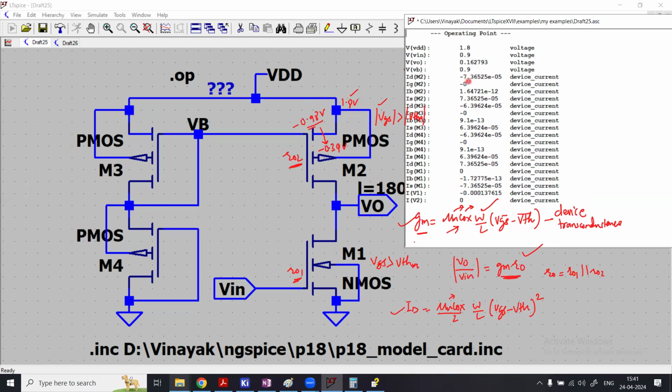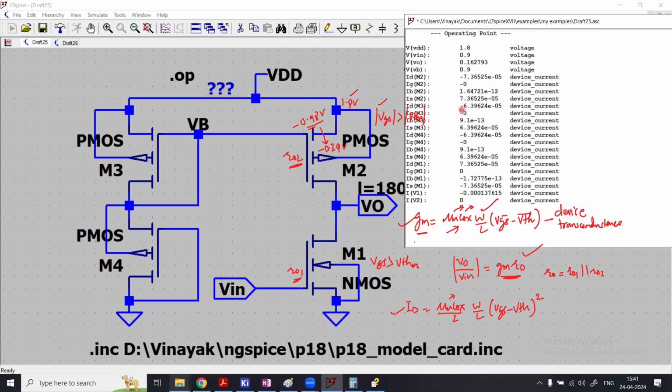Now M2, the current through the PMOS active load, is minus 7.3, obviously a minus sign there because it's PMOS. So it is 73 microampere, approximately. Then the base current, the body current and the gate current we will neglect because they are negligible. And the source current obviously is positive here.